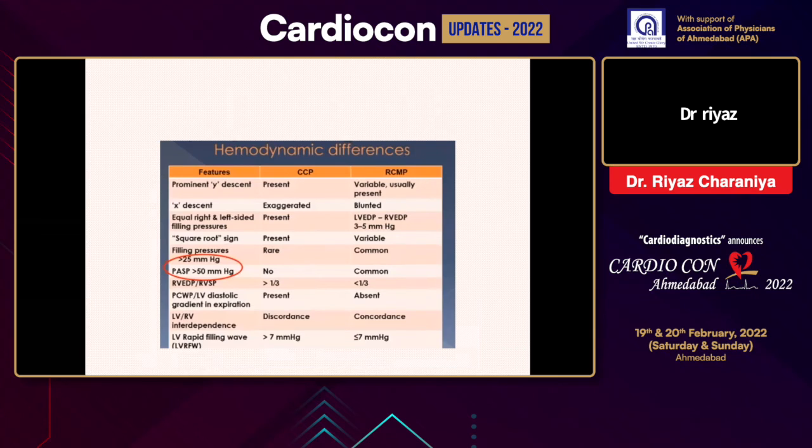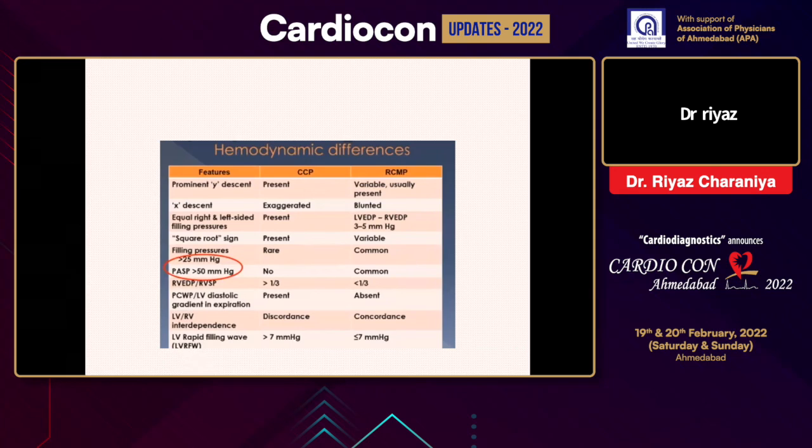The square root sign is definitely seen in both, but it's more exaggerated, and the right ventricular filling wave of greater than 7 is found in constrictive pericarditis. Filling pressures of greater than 25 are common in restrictive cardiomyopathy, and hence the pulmonary artery systolic pressure is also higher in restrictive cardiomyopathy.